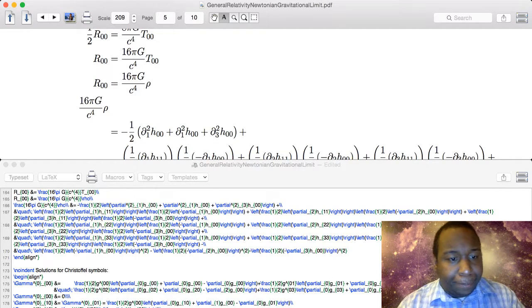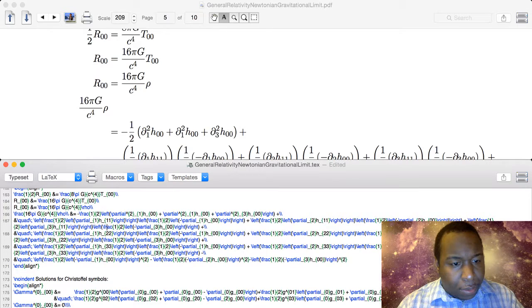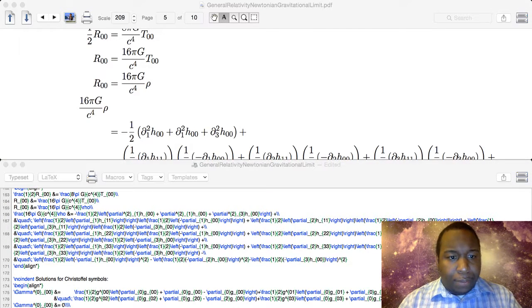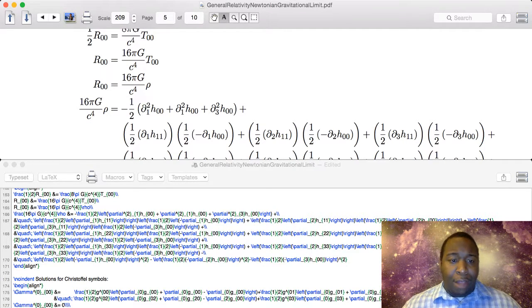Okay. And so basically what I've done is I've moved the left-hand side of the equation over to the right and the right-hand side of the equation over to the left.